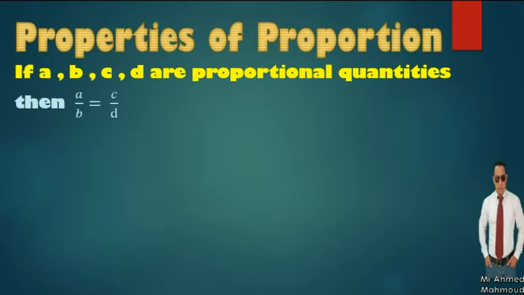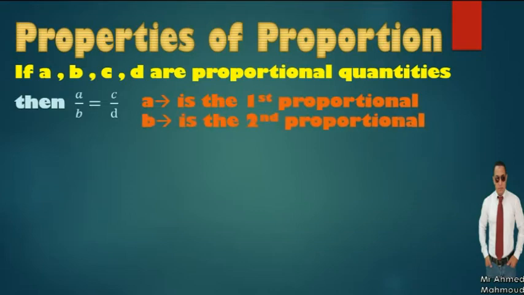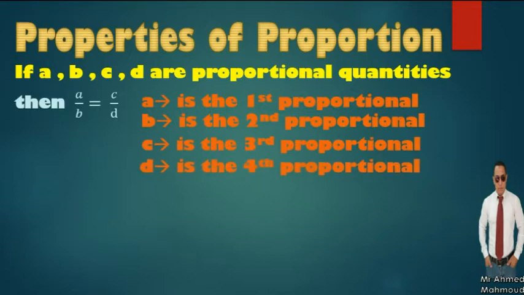A over B equals C over D. Okay, A is called the first proportional, B is called the second proportional, C is called the third proportional, D is called the fourth proportional. Again, A, B, C, D are four proportional numbers.